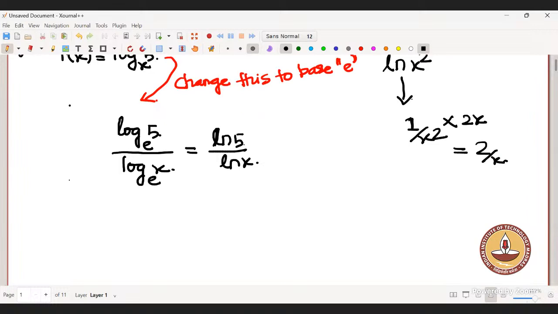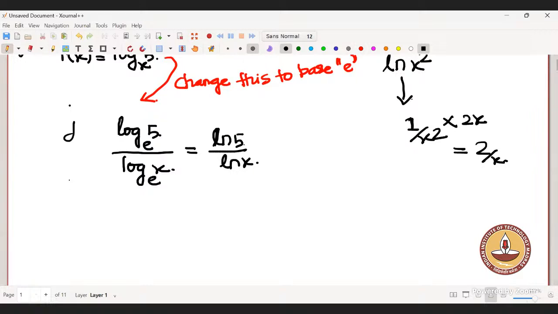Whatever is in the numerator is a constant, and the only function in terms of x is the quantity in the denominator, right?